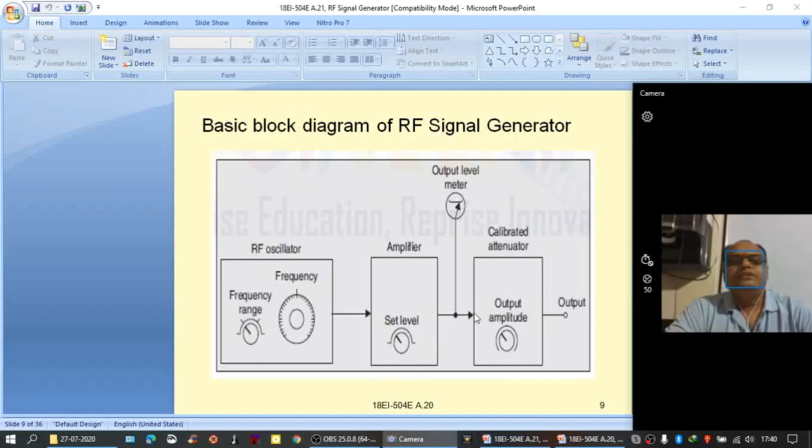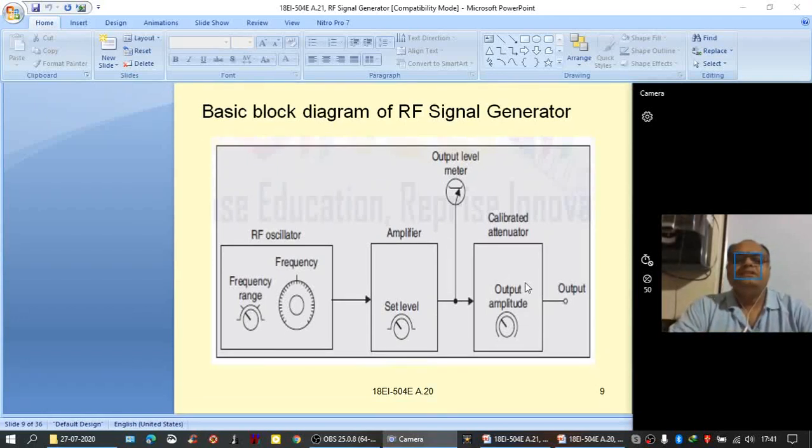Now once an appropriate amplitude signal is made available at the input of the calibrated attenuator, then depending upon the scale of the calibrated attenuator, we can read the magnitude of the signal appropriately in all different attenuator ranges. So that is a brief description about the block diagram of the RF signal generator.